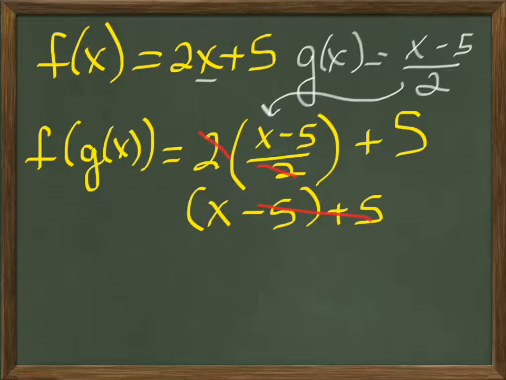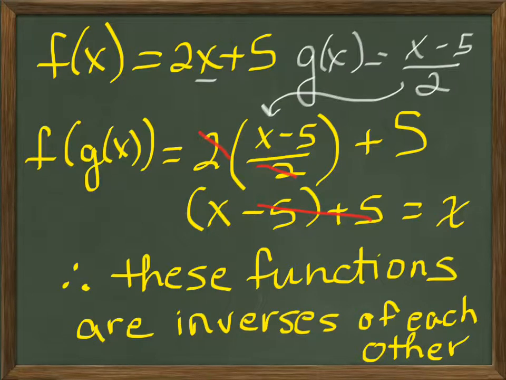So the 5's will cancel, leaving us x. Therefore, f of x and g of x are inverses, and they are inverse functions of each other. So f of x and g of x are functions that are inverses of each other.